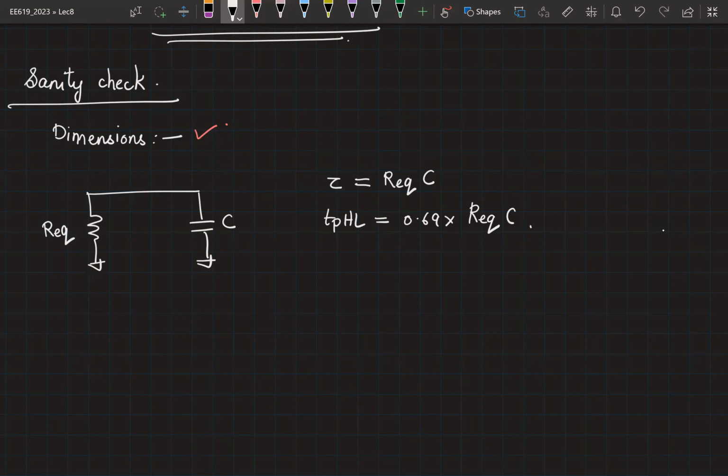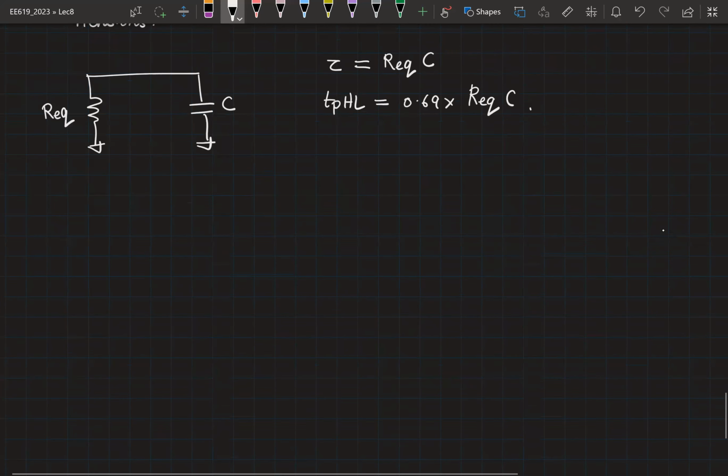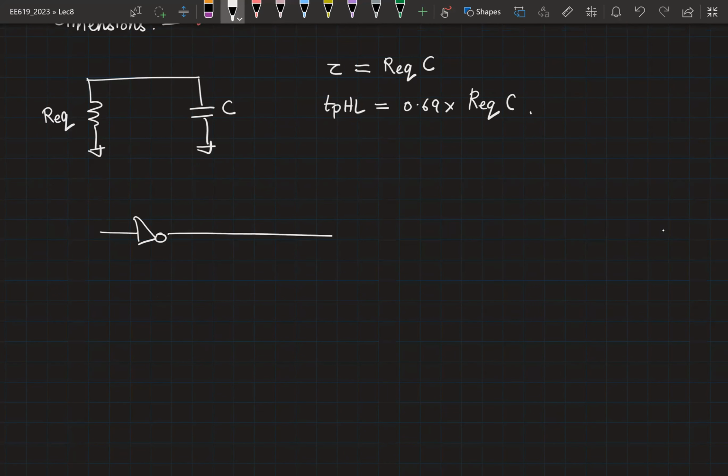Right? Now, when you finally construct circuits, you will have one inverter driving another inverter where these two inverters are connected by an interconnect. And these interconnects are finally going to get implemented using metal lines with finite width and length.